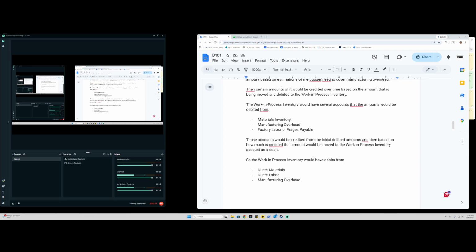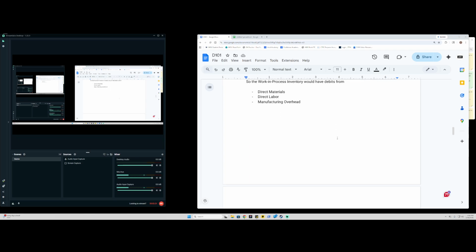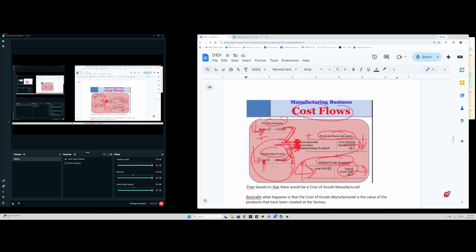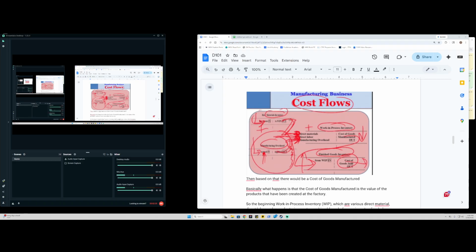So there's this important thing, the work in process inventory. First there's material inventory. Inventory is put in as a debit, so the value of the inventory itself would be put in as a debit with a certain amount. And then from the materials inventory would go out.